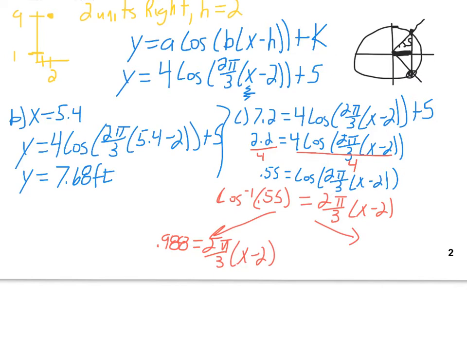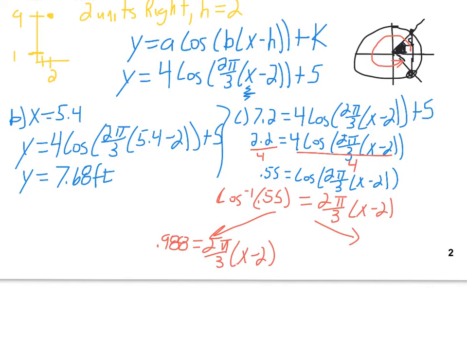So let me go back here for just a second. I want to find this angle here that I just darkened in black, and then I also want to find the angle that takes me into quadrant 4. I'm going to do that in red, all the way around from the x-axis to quadrant 4.